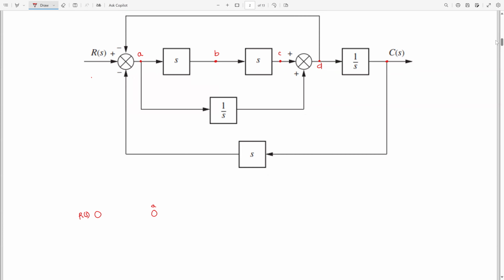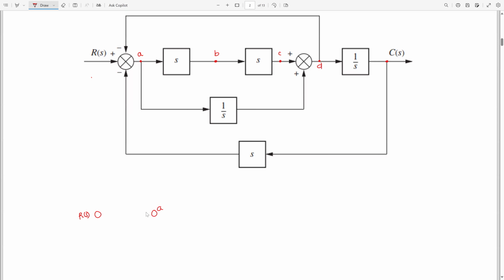I am not writing the name of the signal on the line, because I'll be drawing a line to connect the nodes, sending the line from here to here. So it's always advisable to write it at the top right, top left, or top. Don't write it where the line will go. So I'm writing it here.